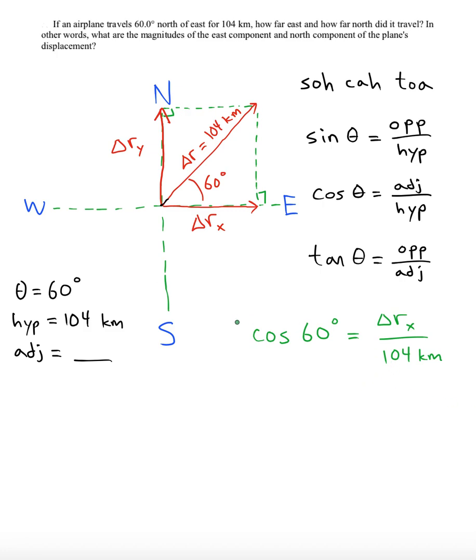Now we would solve by multiplying to the other side, revealing that delta Rx is actually the hypotenuse times the cosine 60. And that gives us 52 kilometers. So that is going to be the east component of the displacement.